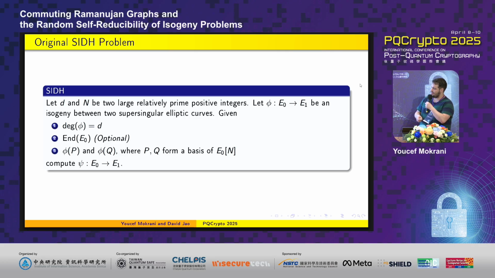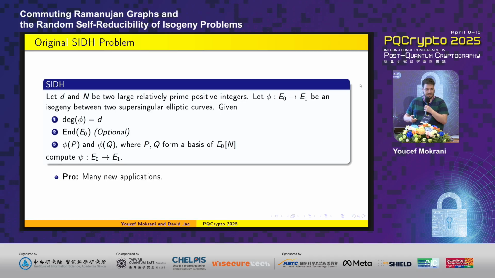But the main thing that SIDH leaks is that they take 2 points that form a basis of the N-torsion of the starting curve and just give away the mapping of your secret isogeny on those 2 points. And now you're asked to find an isogeny from E0 to E1. Note that you don't actually need to find the exact same isogeny as the secret one. You just need to find one with good enough properties.